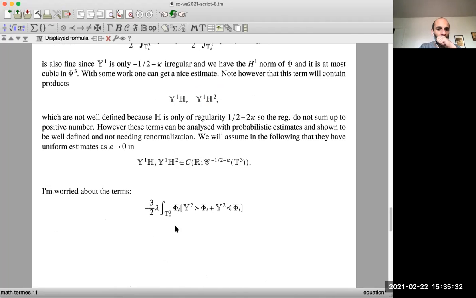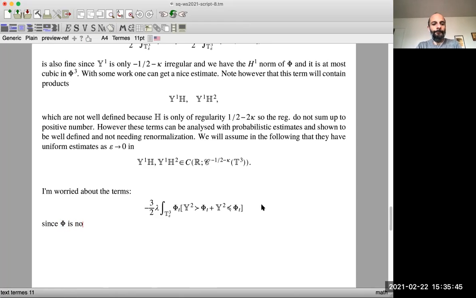Therefore here you don't have hope. They are not in duality. Y squared is not in duality with phi squared, because phi is not regular enough for y squared. So that's the problem.